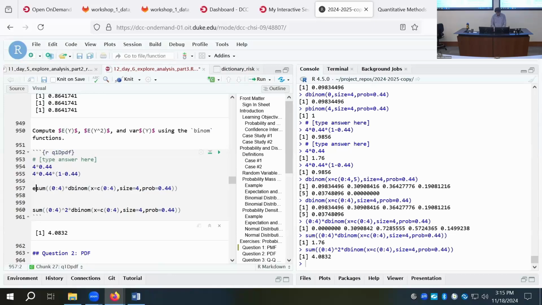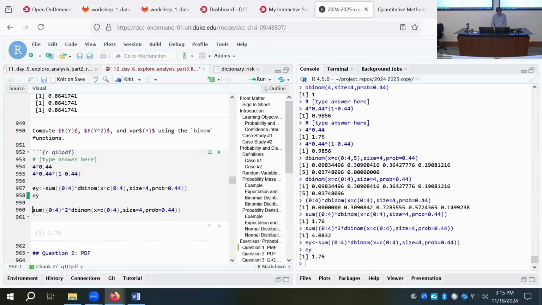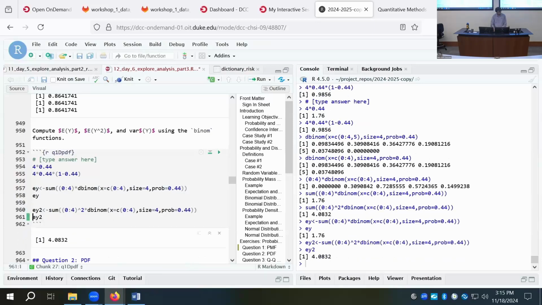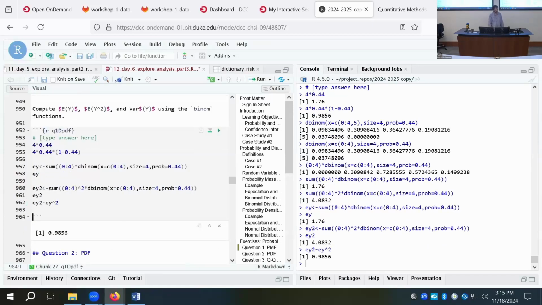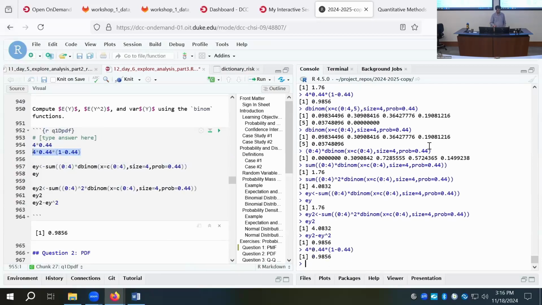So I'm going to define this as EY squared, and now to calculate the variance, we do EY squared minus (EY) squared. We get 0.9856, right? Which is what this value was. Okay.